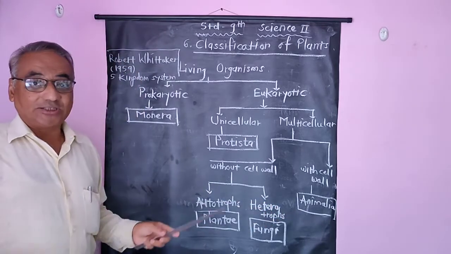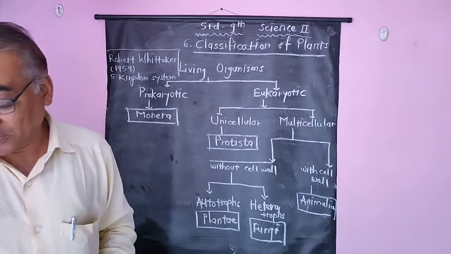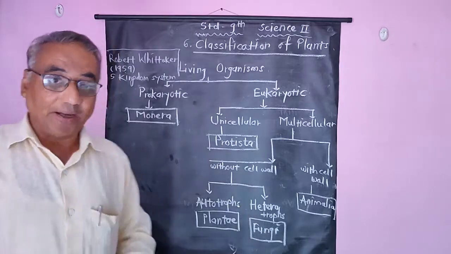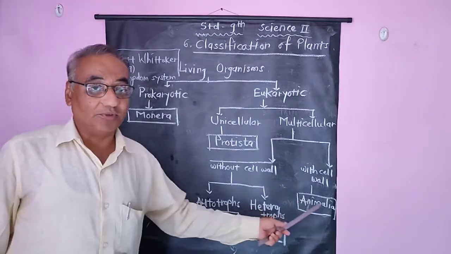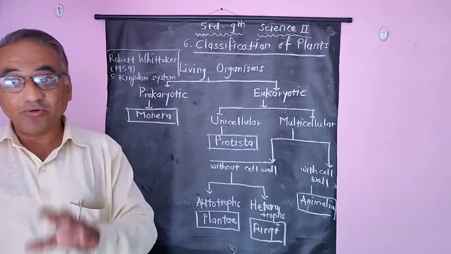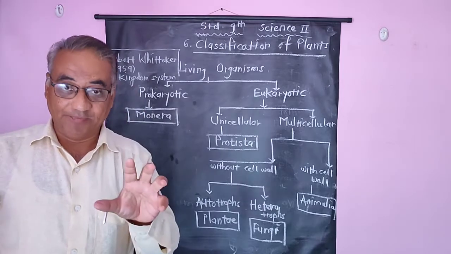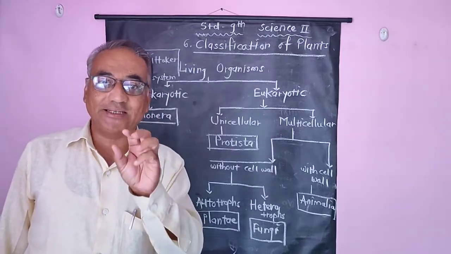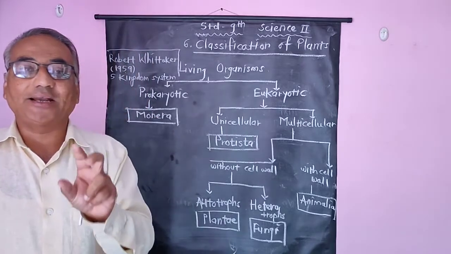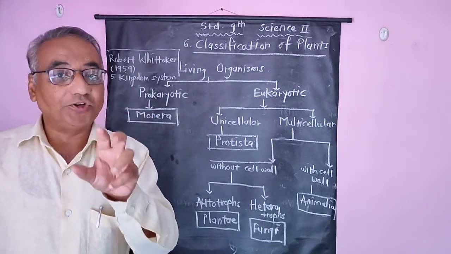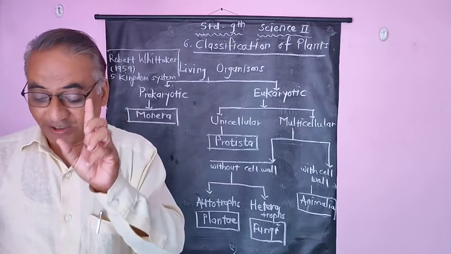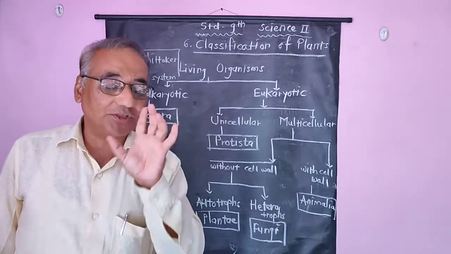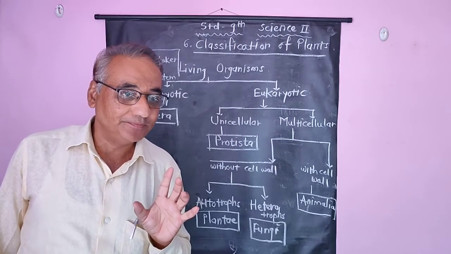Now let us see which special organelle differentiates the plant cell from the animal cell. When we compared plant cell and animal cell in standard 8, we wrote some points of differences between them, but there is a special cell organelle. Can you tell me the name of that special organelle?